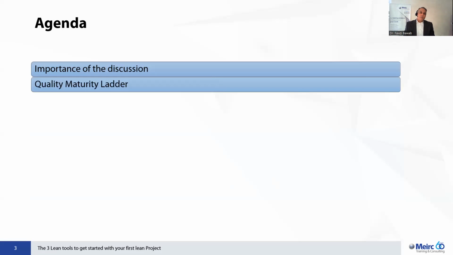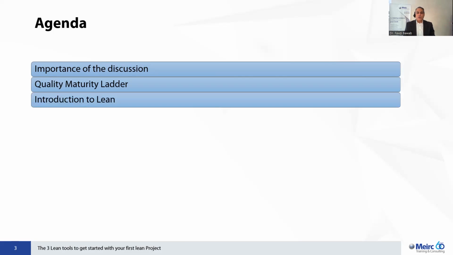Then I'll refer to the quality maturity ladder, which can help us decide whether we should go with a lean project, a Six Sigma project, or just something we refer to as plan, do, check, act. It measures the maturity of the organization so we can choose the right methodology.